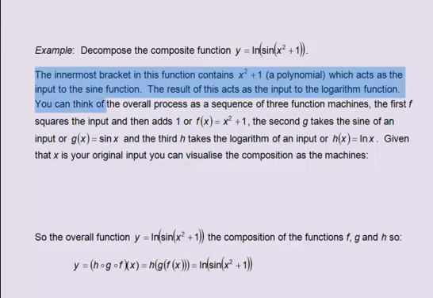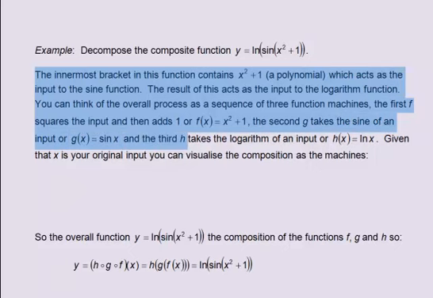You can think of the overall process as a sequence of three function machines. The first, f, squares the input and then adds 1, or f of x equals x squared plus 1. The second, g, takes the sine of an input, or g of x equals sine x. And the third, h, takes the logarithm of an input, or h of x equals the log of x.